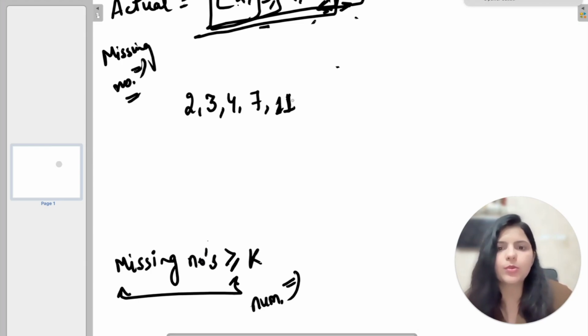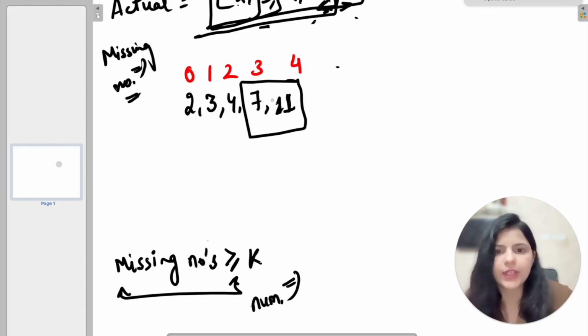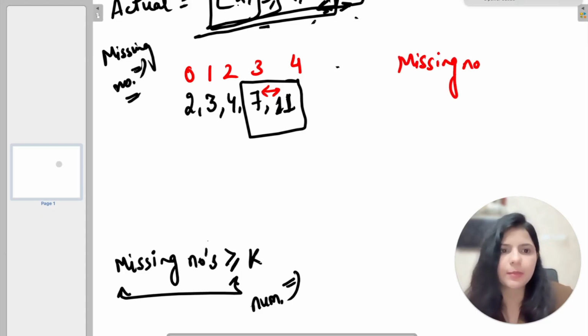So you have found that your number is going to be between these two numbers. So your indexes are 0, 1, 2, 3, 4, right? So between these two numbers, why? Because you have found out that here your missing number is greater than equals to k. So what is your missing number going to be? Your missing number is going to be your k plus I.